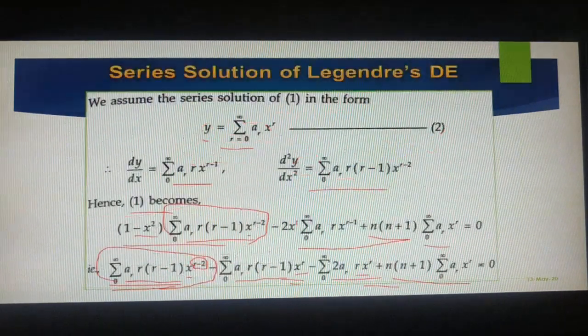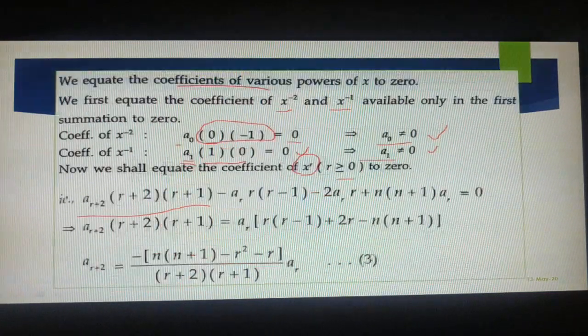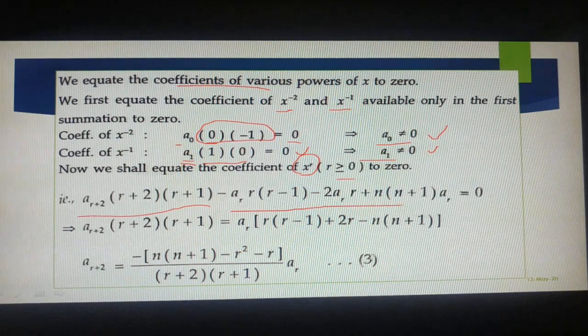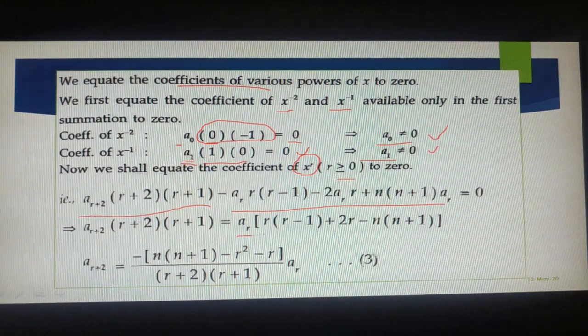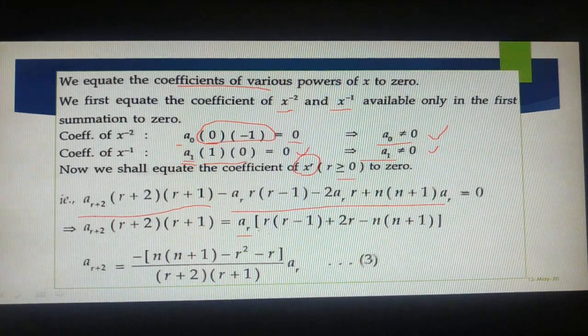The remaining terms have x power r coefficients directly, and you write those coefficients carefully. In all these three terms we have a r, so we can take it common. Once you take it common and move it to the other side, these minus signs become plus, and this plus goes to minus.